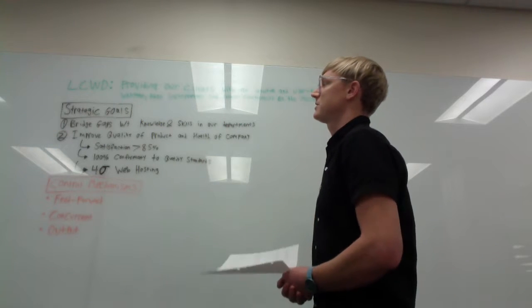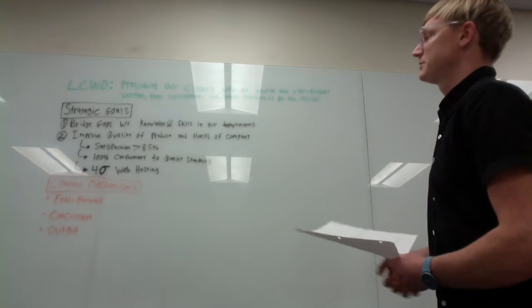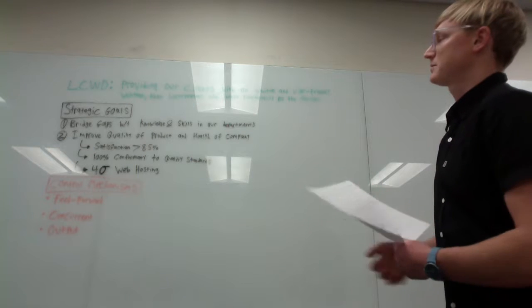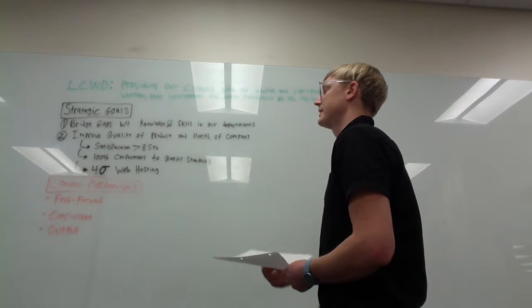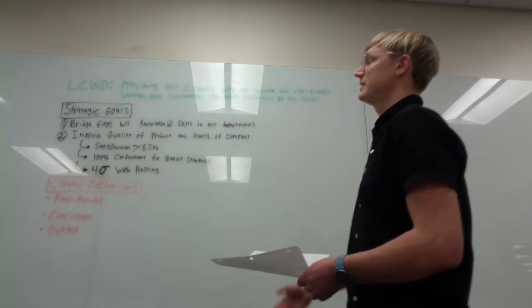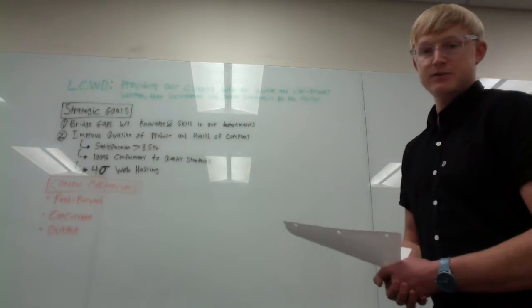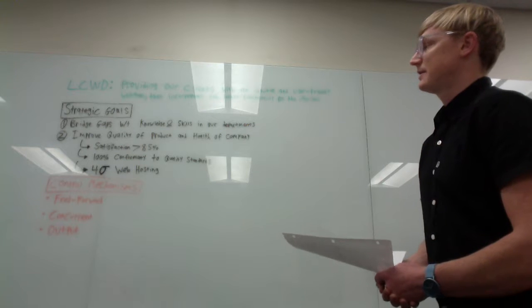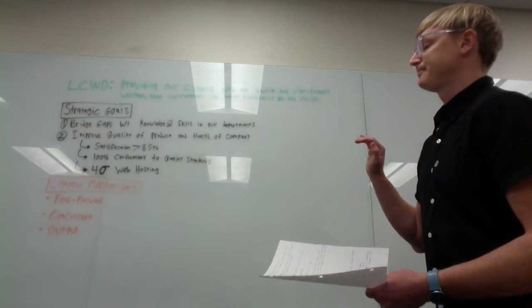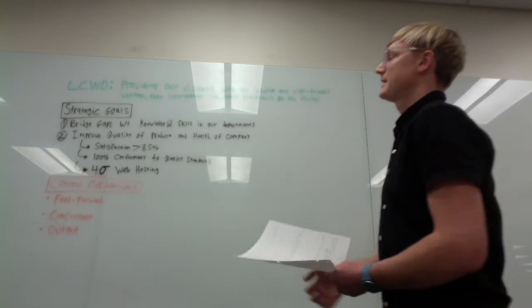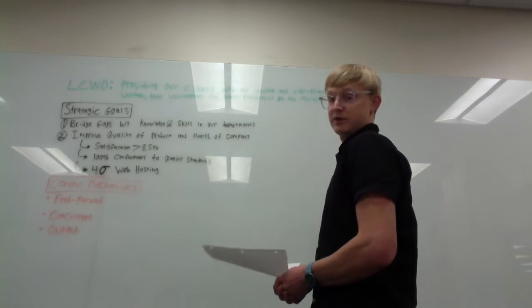And then now I'm going to talk about our second strategic goals, which are all kind of focused around improving the quality of our product and then also the health of our company. So our main goals for this would be to get an 85% satisfaction rate from our clients, and that's going to be an 85% on our surveys that we send out to them following delivery of our projects.